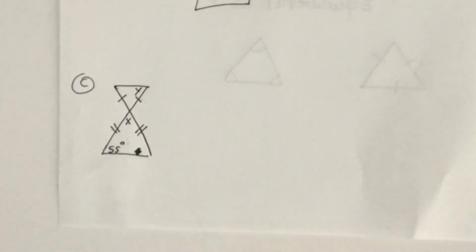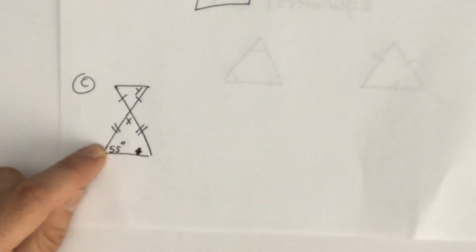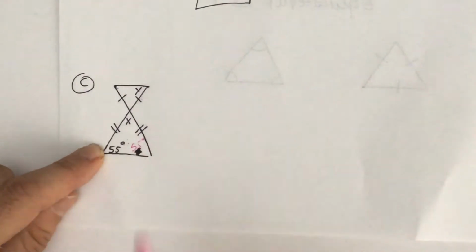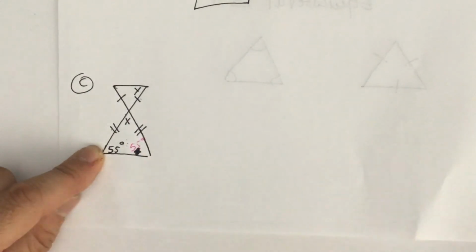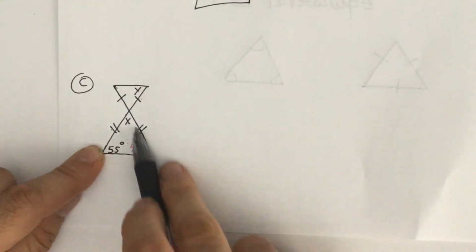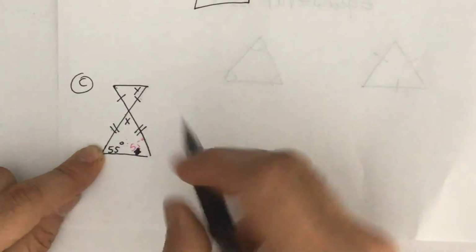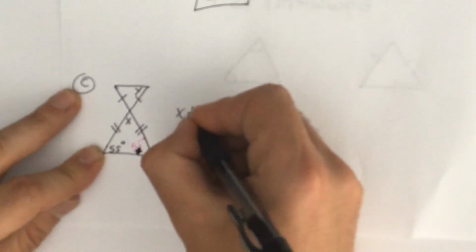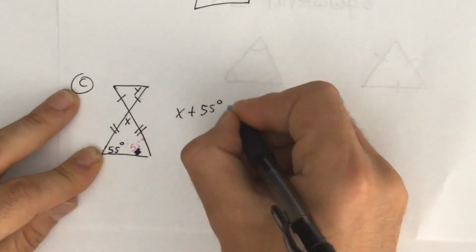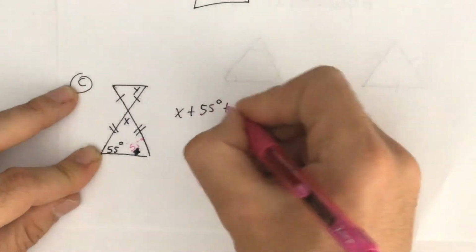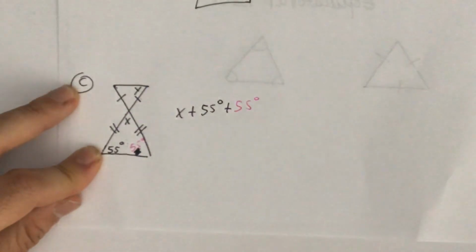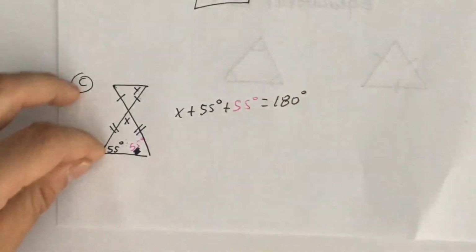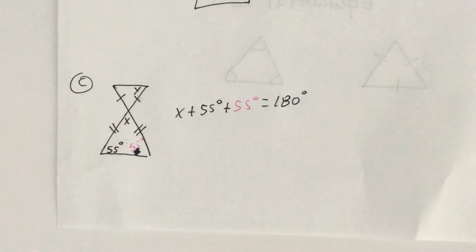All right, so now, what do we know? We got an isosceles triangle here. So if this is 55, this is also 55. So adding these three angles together should be adding to 180 degrees, so I can find out what is x. So x plus 55 plus 55 degrees is gonna be equal to 180 degrees, right?